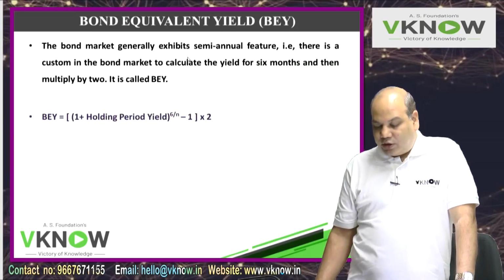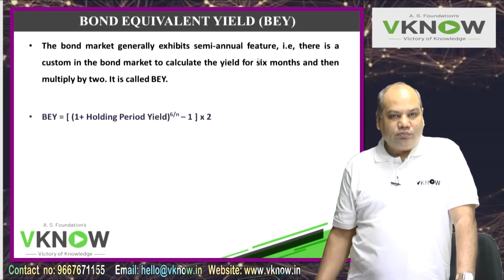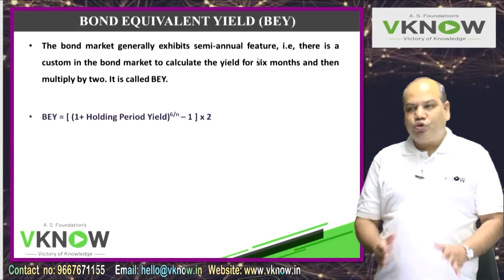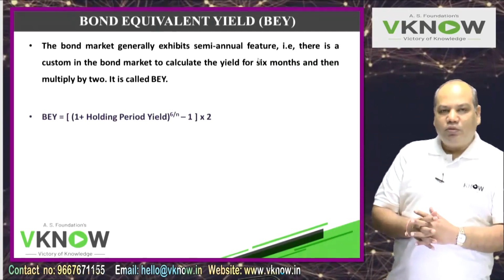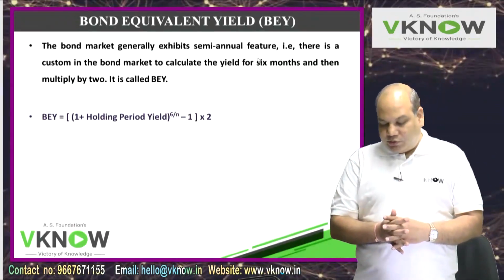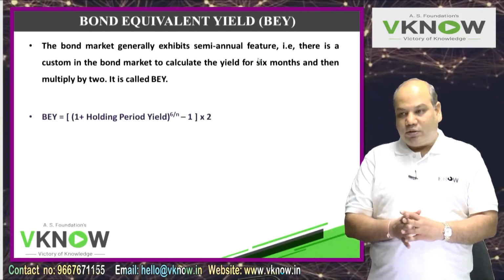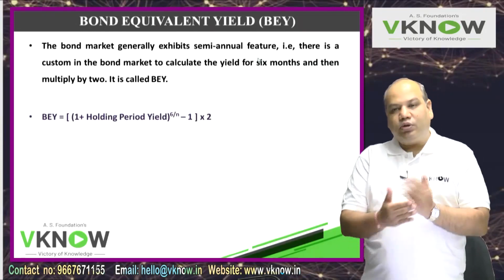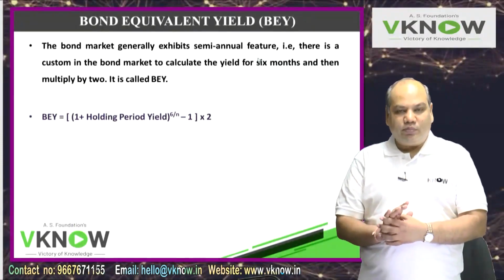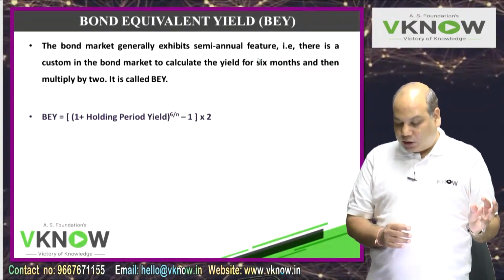Bond market generally exhibits a semi-annual feature. As you know, bond markets usually have a semi-annual coupon feature. That is, there is a custom in the bond market. Custom means tradition or whatever has been developed over a period of time. So what happens in the bond market?